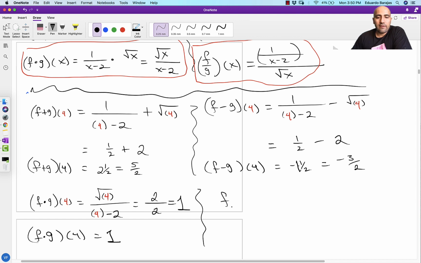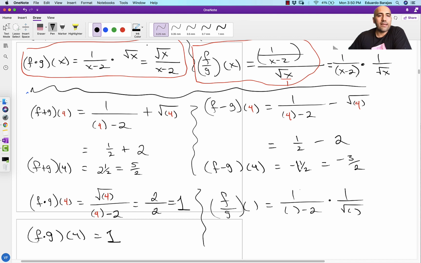And finally, f divided by g at blank equals 2. Now, I should simplify this a little bit. Just like we saw earlier, this is going to be the numerator times the reciprocal of the denominator. You can always put a little 1 underneath the root x. And so I end up with 1 over x minus 2 times 1 over root x. So this is equal to 1 over blank minus 2 times 1 over root of blank.